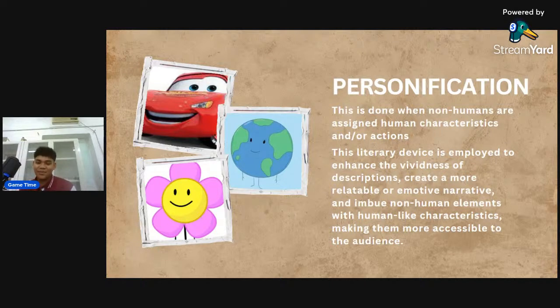Let's say, for example, related to human beings. If you bring an object or something, and you personify it like human things, human activities. So, there are examples.